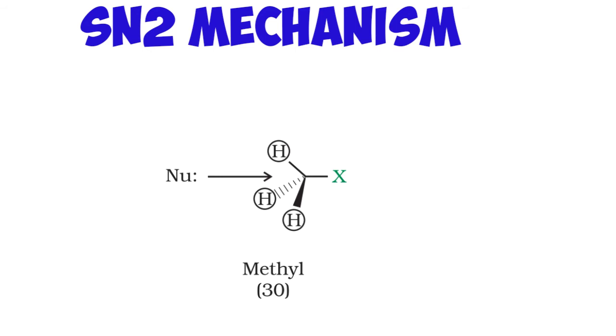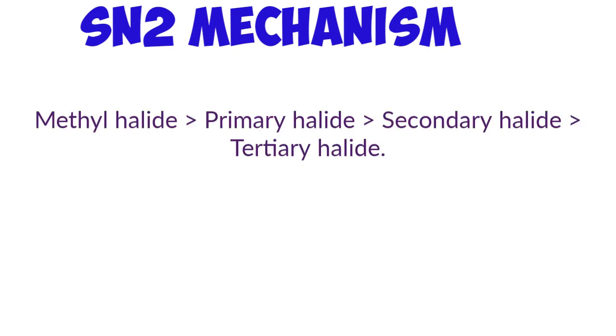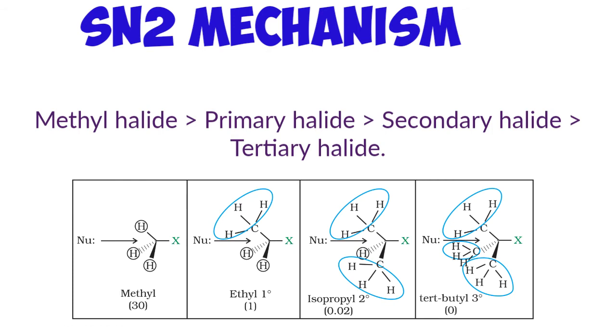Methyl halide is the simplest alkyl halide which reacts most rapidly in SN2 reaction because there are only 3 small hydrogen atoms present in the carbon atom. So the order of reactivity of SN2 mechanism is methyl halide greater than all other primary halides, greater than secondary halide, then greater than tertiary halide.